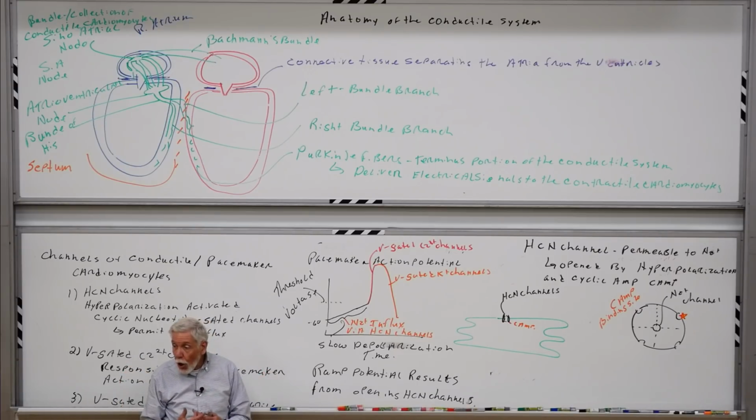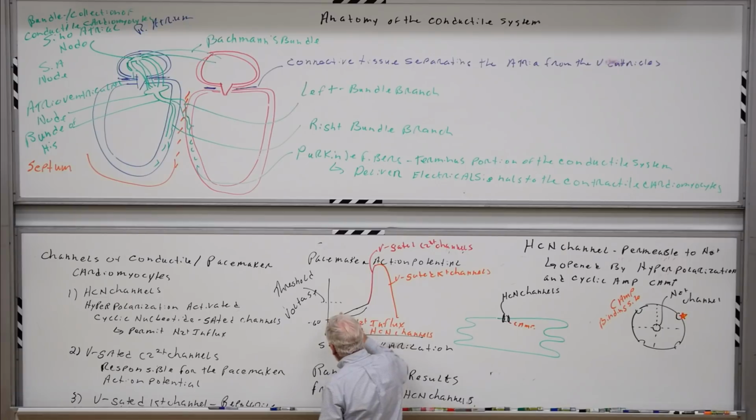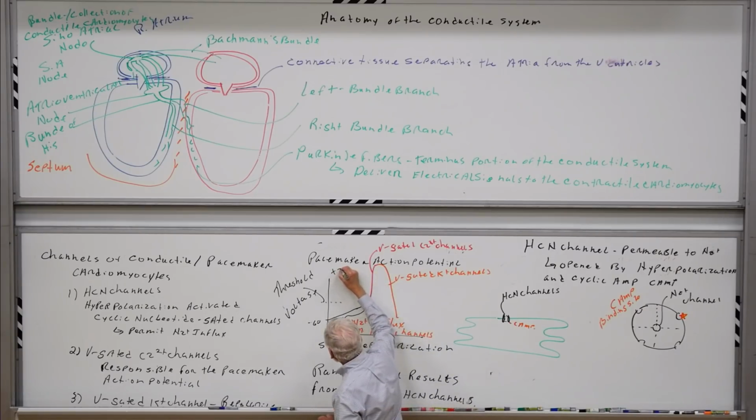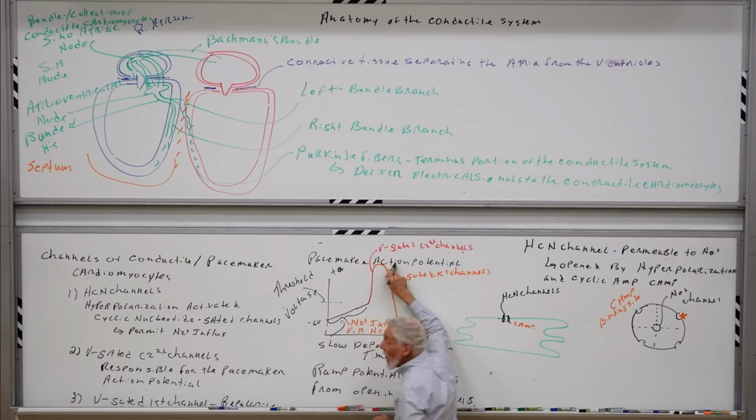Now when we get enough positive charge, that we bring the membrane potential here to threshold, we open the voltage-gated calcium channels. The voltage-gated calcium channels generate this unusual action potential, which will depolarize the membrane potential up to, I think it's about plus 20 millivolts. Then the potassium channels open and repolarize the membrane.